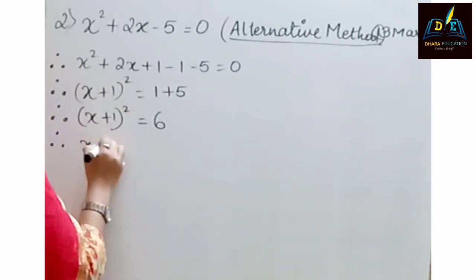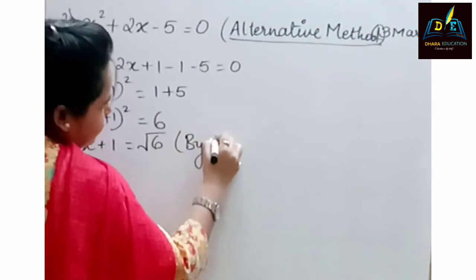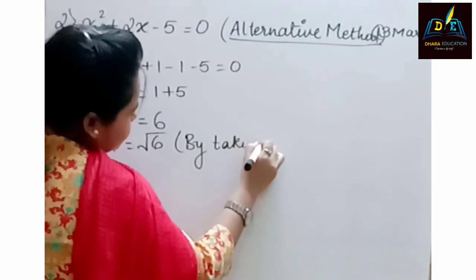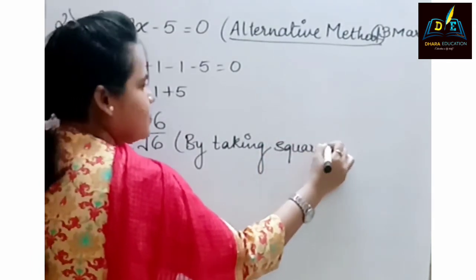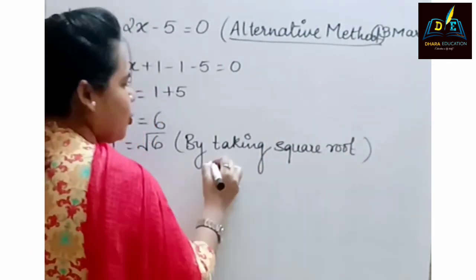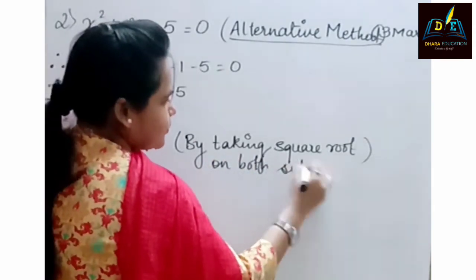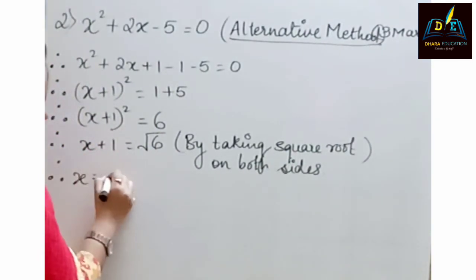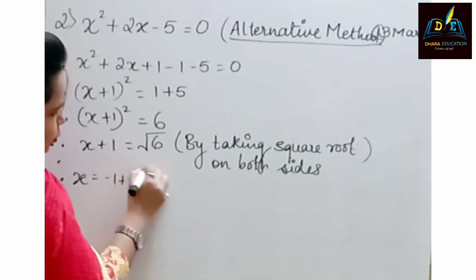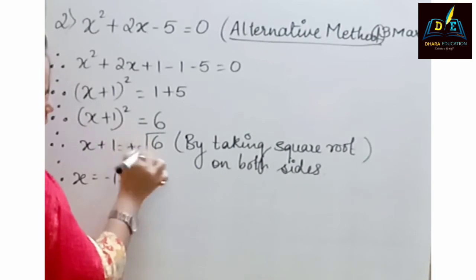Therefore x plus 1 is equal to root of 6, by taking the square root on both sides. So therefore x is equal to minus 1 plus root of 6. Here we need to write both signs, which I had forgotten.